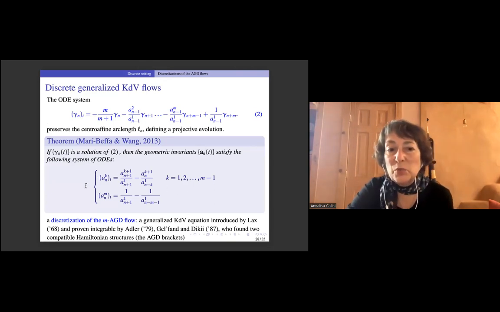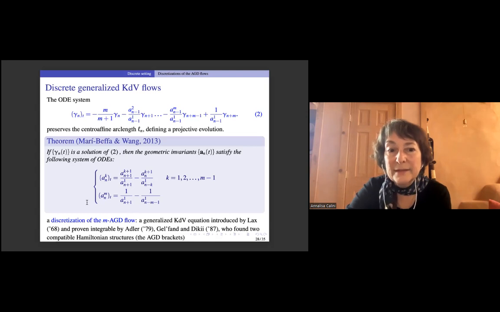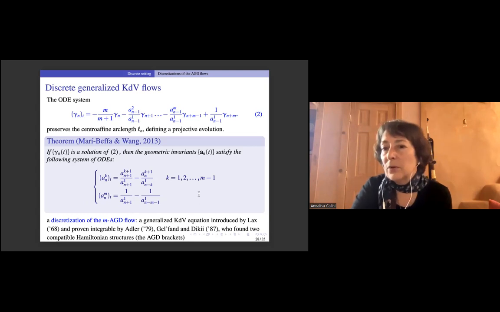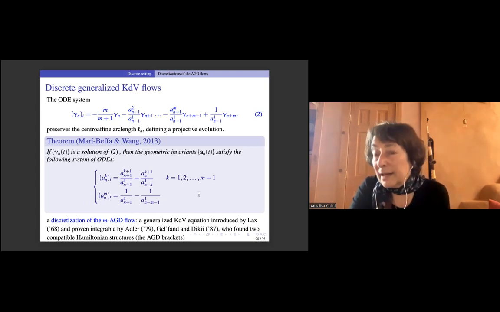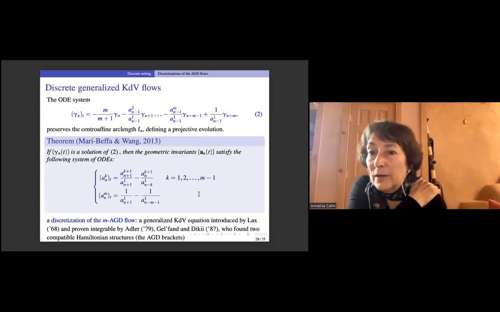And this is what you would see if you were interested in the standard integrable systems. And in fact, these sets of ODEs are pretty well known. They are known as the AGD flow or Adler-Gel'fand-Dikii flow, or generalized KdV equations. They're discretizations of those flows.